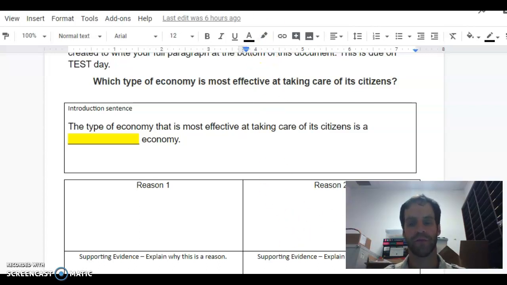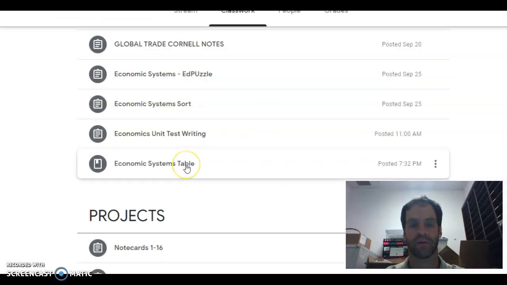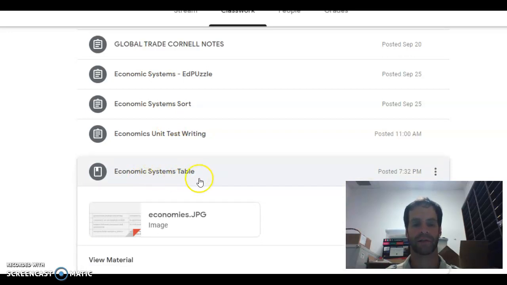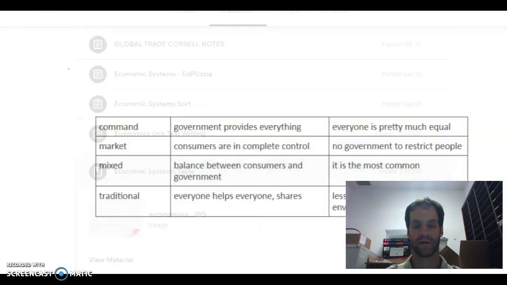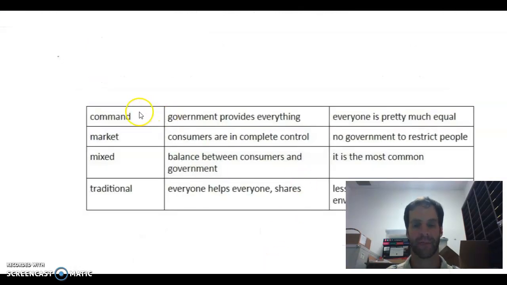On Classroom you may or may not have noticed that I shared with you this picture called Economic Systems Table. Use it if you need to. You may not need to. This is a snapshot of it, but it tells the 4 economies: command, market, mixed, and traditional, and then it gives 2 benefits of each one.